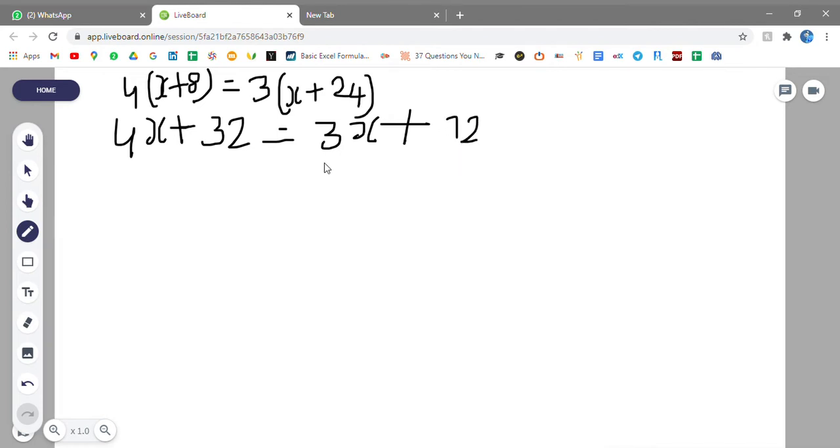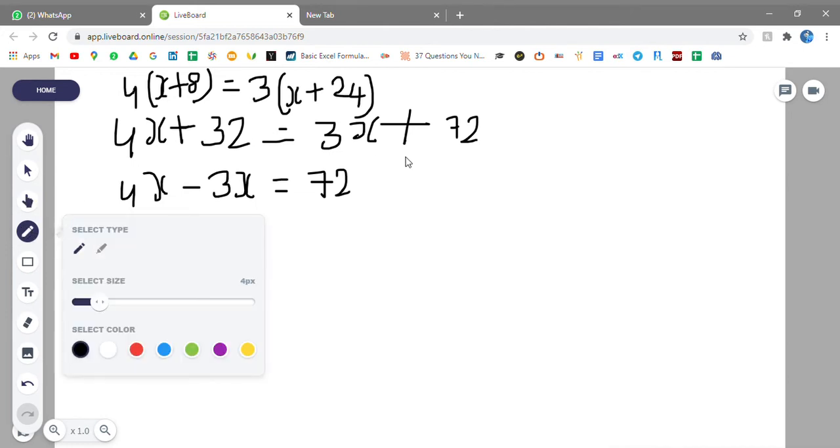Now let us take all the x to one side and constants to the other side. So this is 72. Now 4x minus 3x is equal to 72, which will remain here as it is. I'm going to take 32 to the other side. So what will it become?